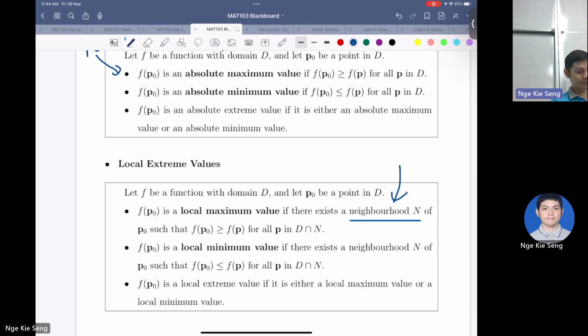So what's this neighborhood? What does it mean by neighborhood of P? There exists an epsilon greater than 0 such that, let me write down first, the absolute value of x minus P naught is less than epsilon.